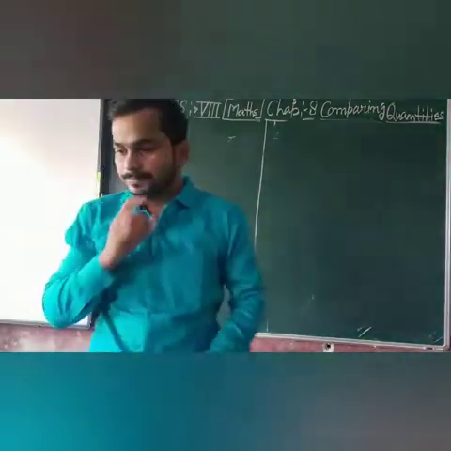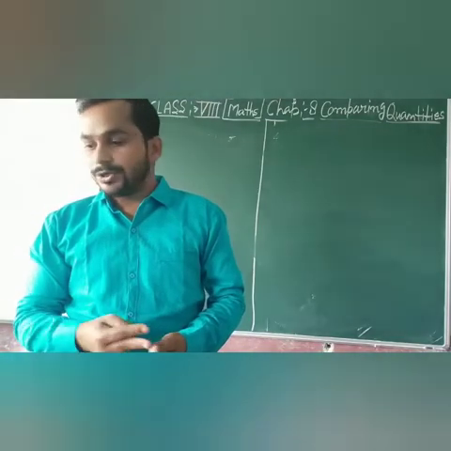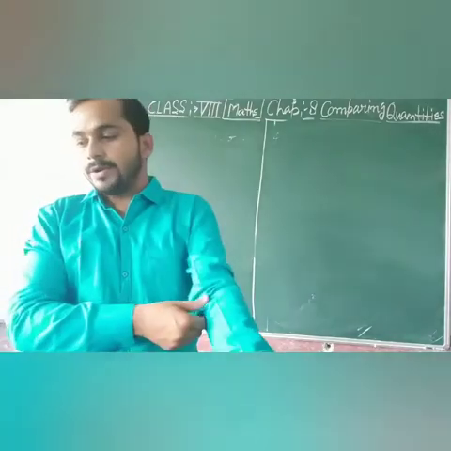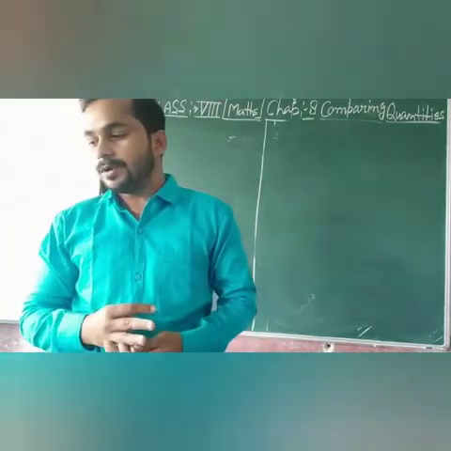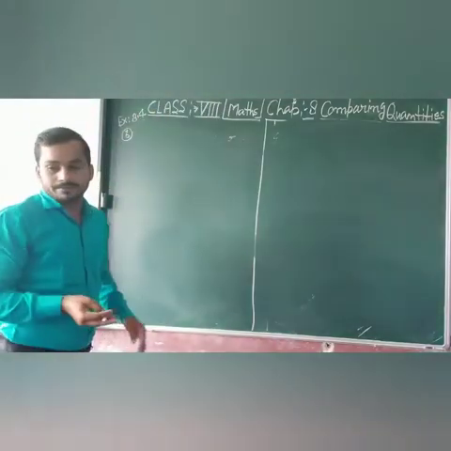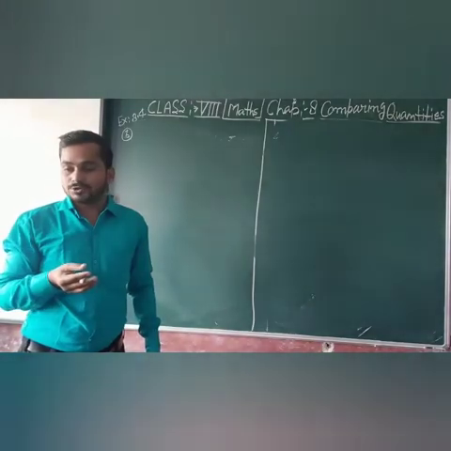The B part: the number of years in which 3,200 rupees will amount to 3,528 at 5% per annum compounded annually. Find the time. Amount and principal are given, and rate is also given.